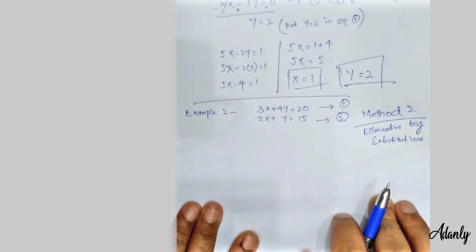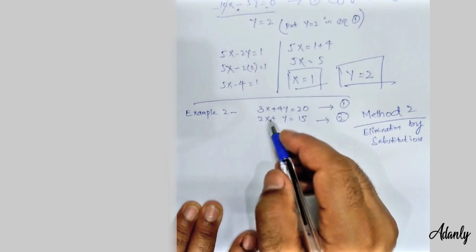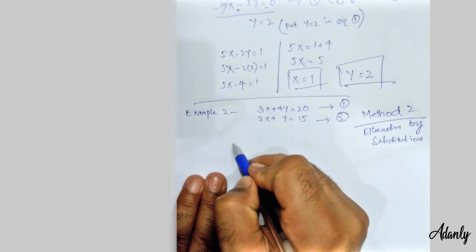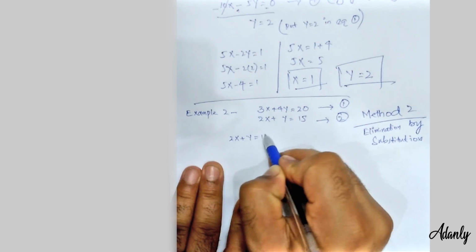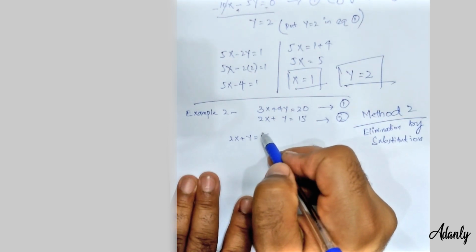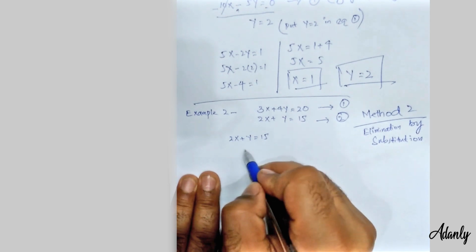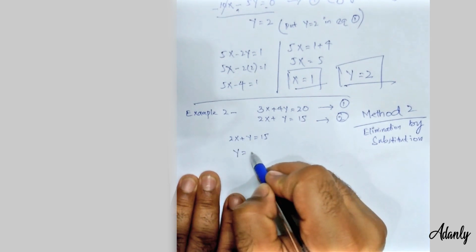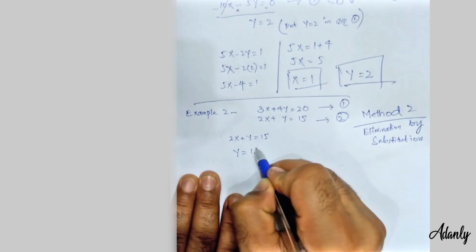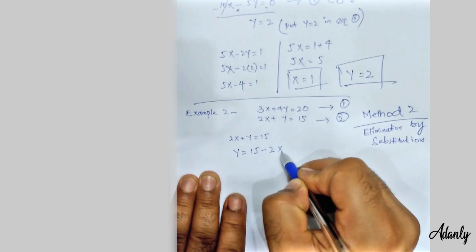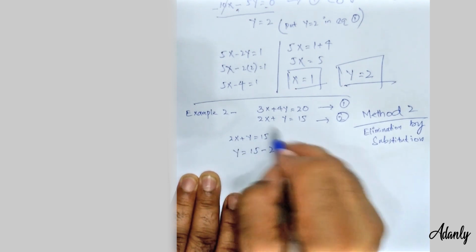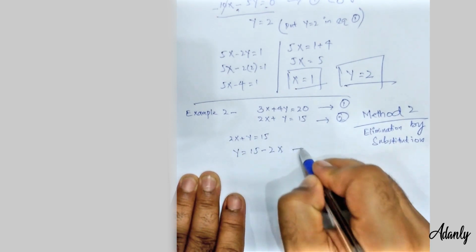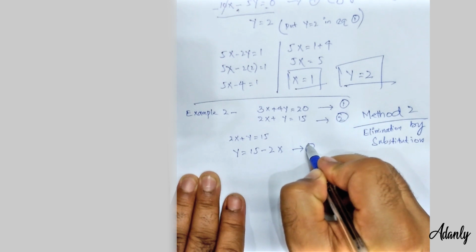Now we may find the value of x or y from equation 1 or 2. Let us consider equation number 2, that is 2x plus y equals 15. So we will write it as y equals 15 minus 2x. We shift 2x from the left side of the equality to the right side, and we will call this equation number 3.